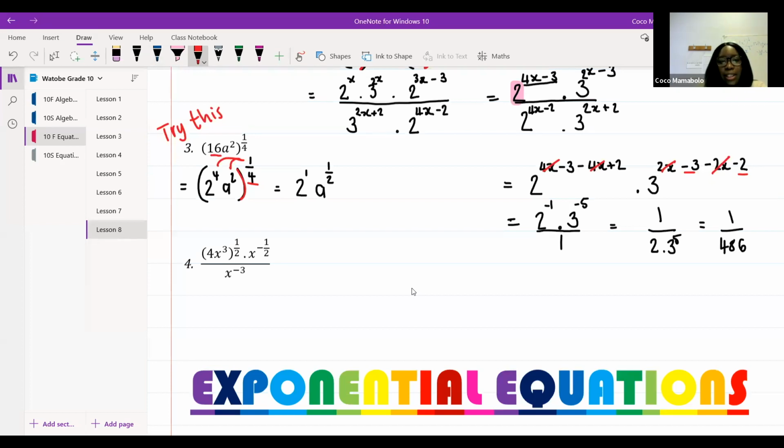I took 16 and made it 2 to the power of 4 because I can do that. And then I know that if I have a bracket and an exponent, I must multiply the exponents of each of the bases. So now I've got 4 times 1/4 will give me 1, and 2 times 1/4 will give me 1/2. And that's okay.